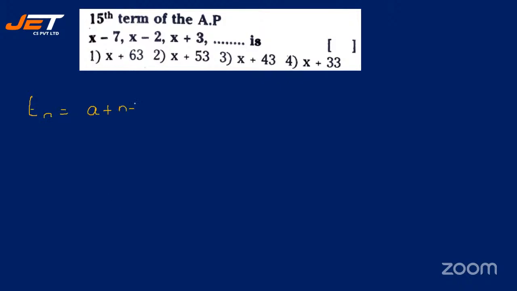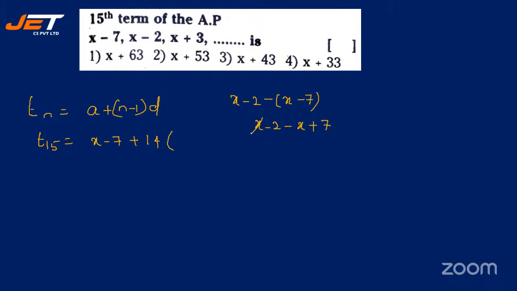So we want T15 is equal to A plus 15 minus 1 is 14 into your D, which is x minus 2 minus of x minus 7. X minus 2 minus x plus 7, so plus x minus x, 7 minus 2 is 5.